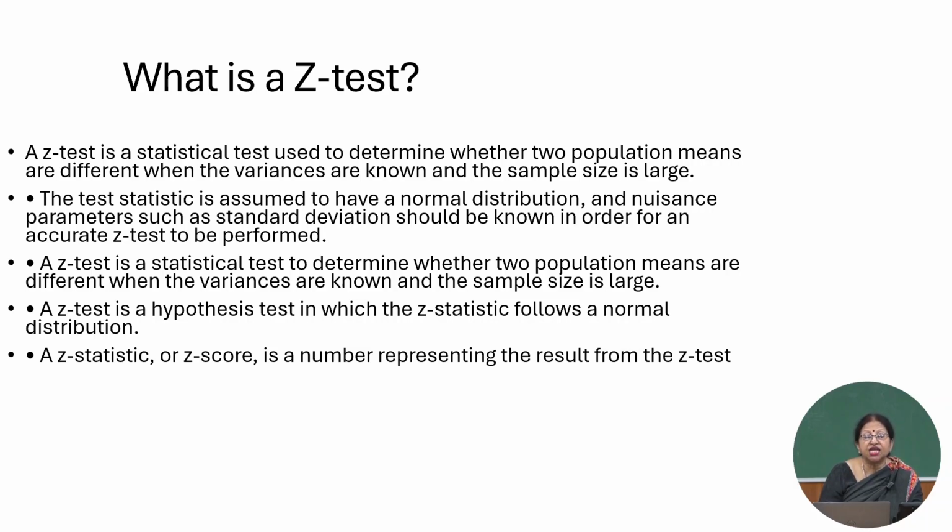A Z-test is a hypothesis test in which the Z statistic follows a normal distribution. A Z statistic or Z score is a number representing the result of the Z-test.